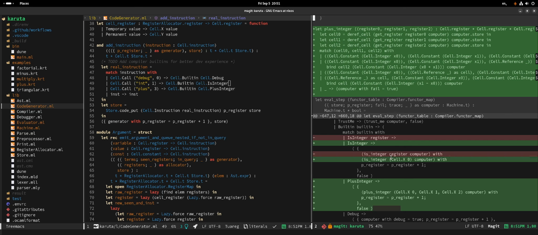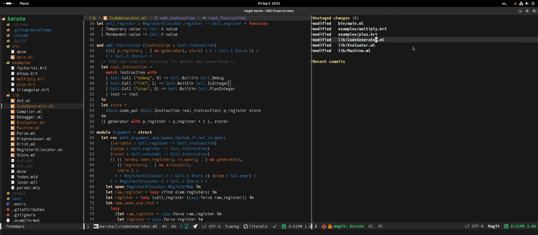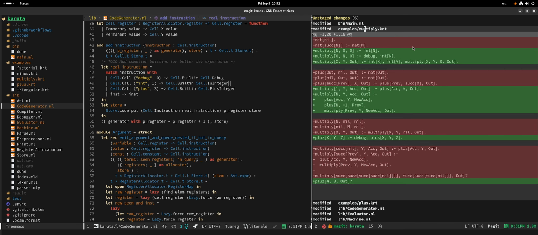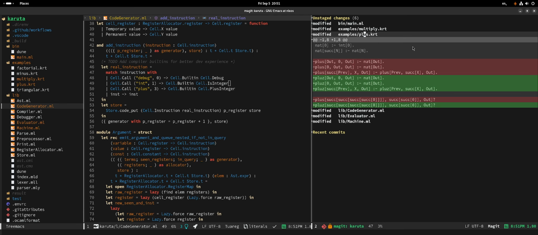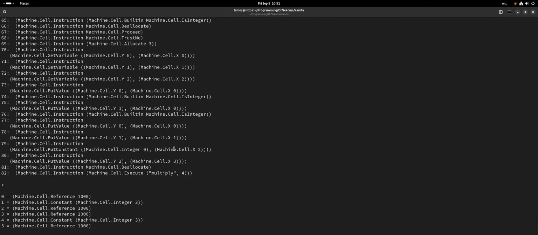We are hard coding the register now, which is actually correct. That's fine. No, it doesn't work. And that's all that we did. Here we change the program, here we change the example, here we change the plus example, and that's it. So there's something wrong with the code generation, right? That's what you're saying.